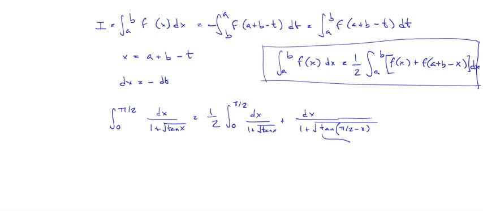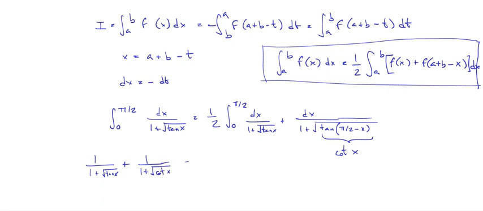Okay, now we need to know that this is going to be equal to the cotangent of x. Okay, because the sine of pi over 2 minus x is going to be the cosine, and the cosine of pi over 2 minus x is going to be the sine. Okay, and so now we have to integrate 1 over 1 plus the square root of the tangent plus 1 over 1 plus the square root of the cotangent between 0 and pi over 2, right?